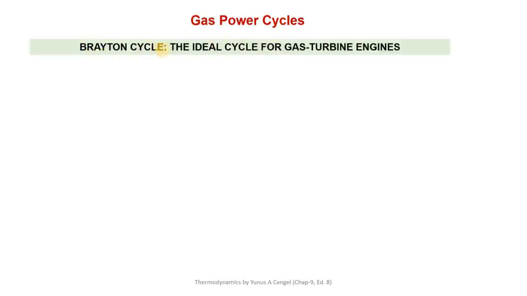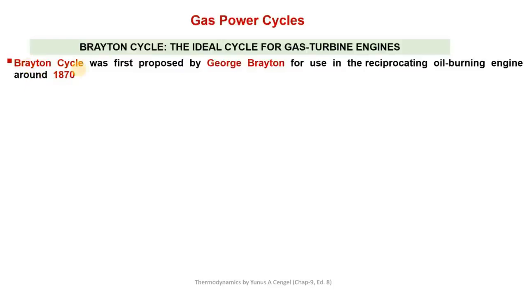Just like we discussed the ideal Rankine cycle, the ideal cycle for vapor power cycle, similarly the ideal cycle for gas turbine engines is known as the Brayton cycle. Brayton cycle was first proposed by this person, and it is named after him.